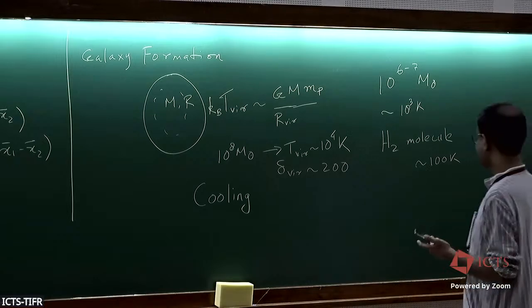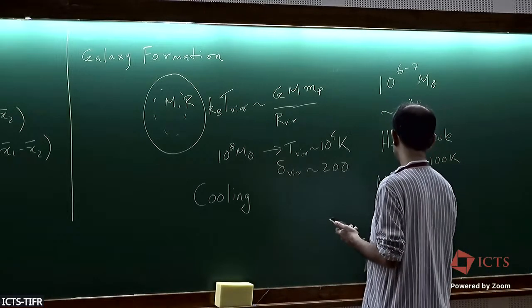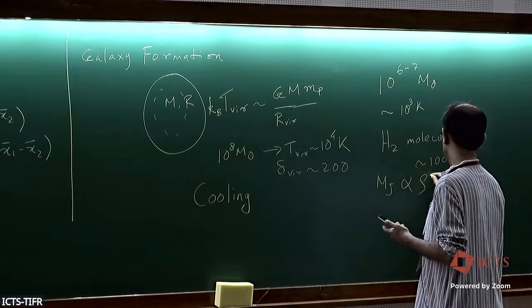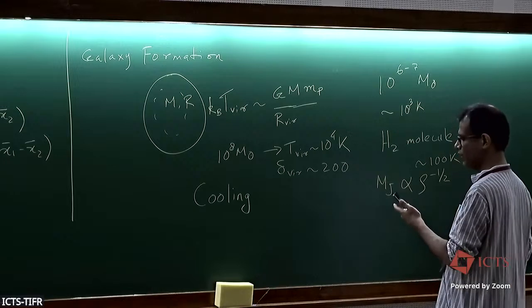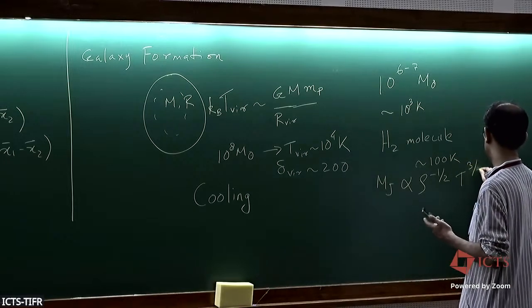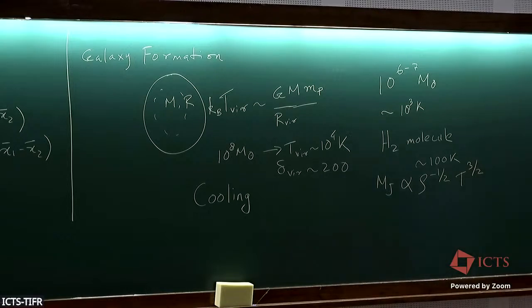So that Jeans scale will turn out to be, I'm just writing the scalings, the actual relations are not important, omega to the power minus half, T to the 3 by 2. So if you go back to the expression we wrote for x_J or x_B or something, you can from there at least understand these scalings.